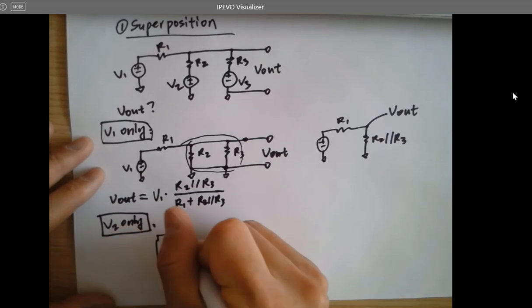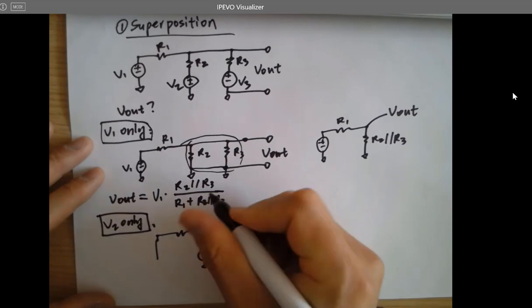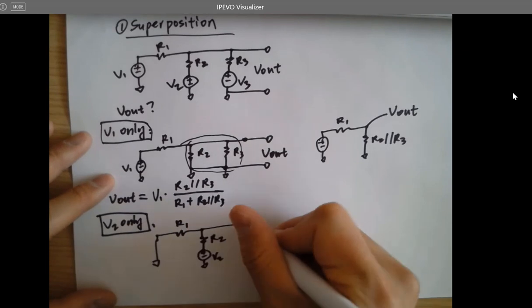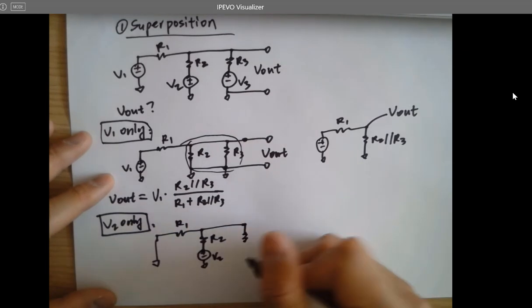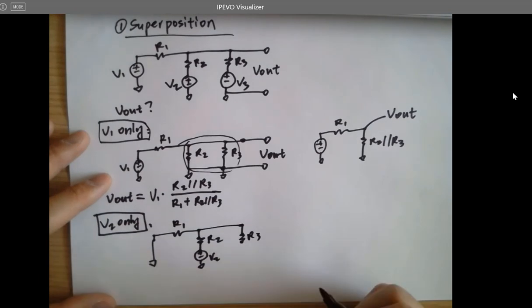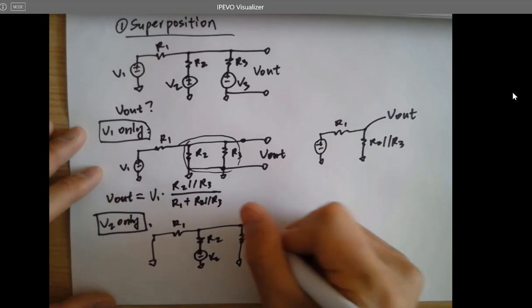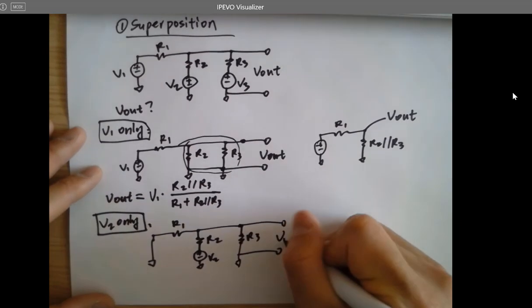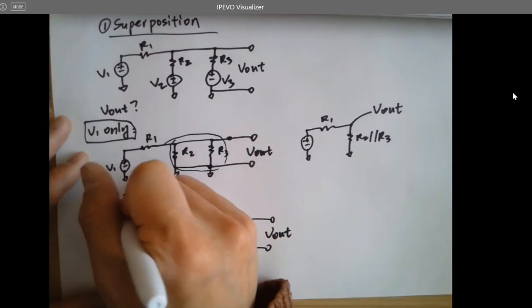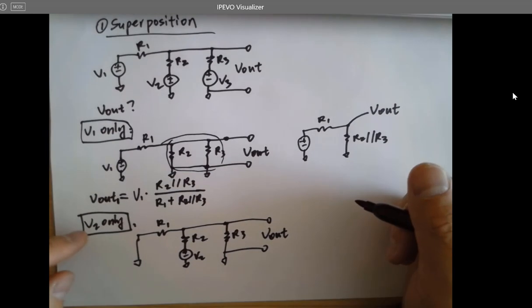Short V1, now V2 only. Is V3 shorted, or do you want to keep it here this time? So what is VL this time? So that's VL1, now VL2, from the contribution of V2.